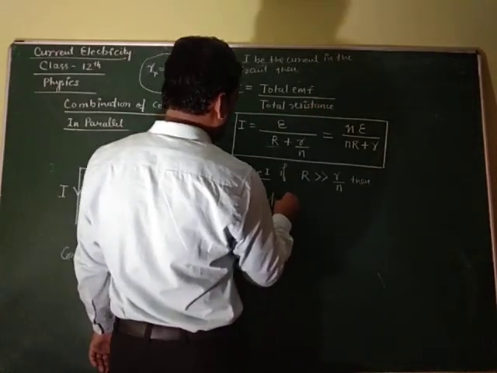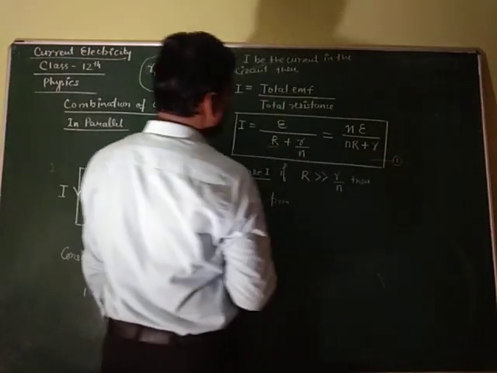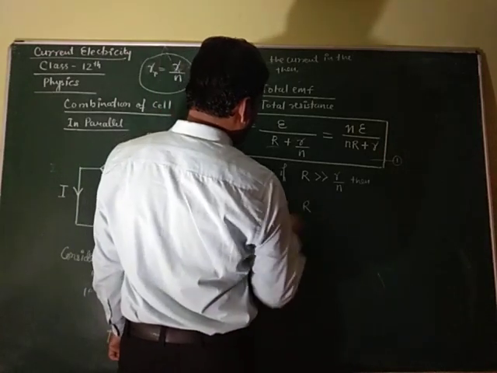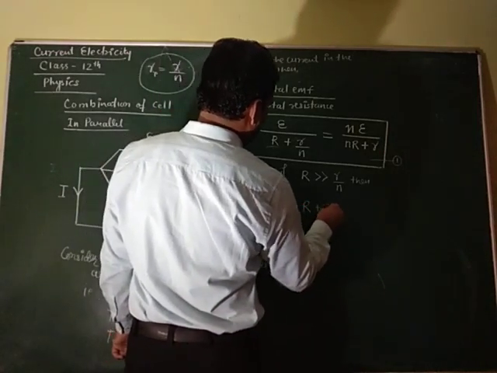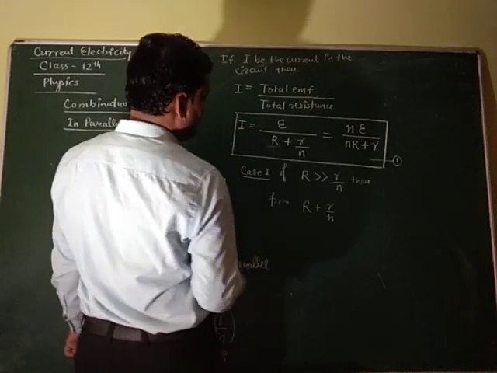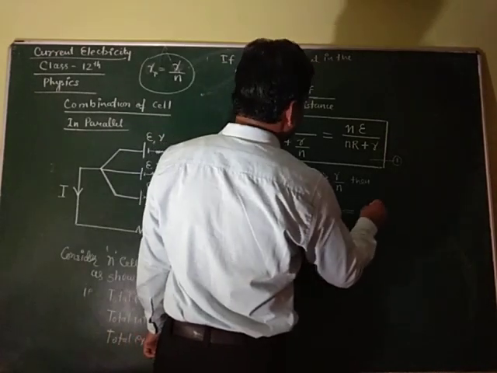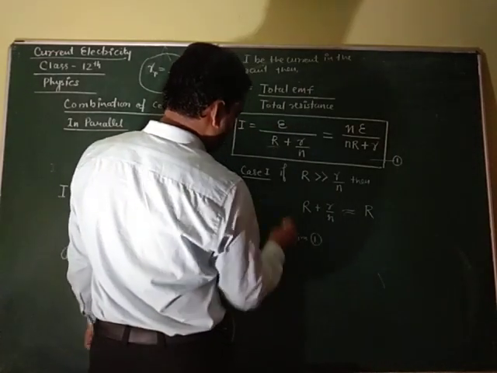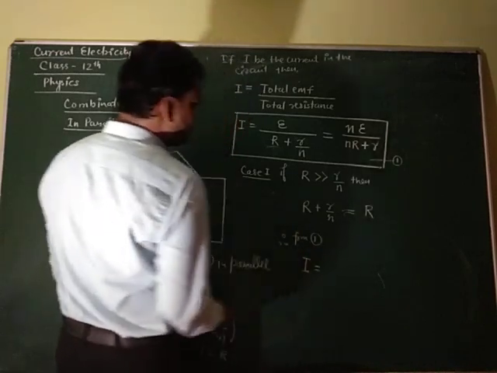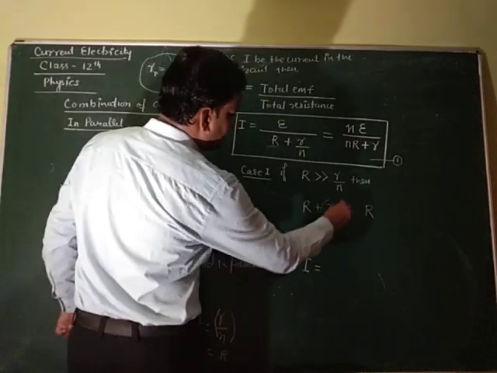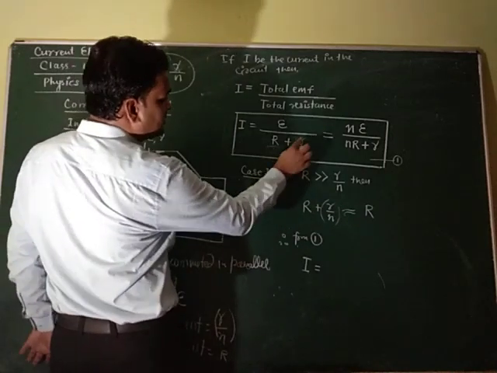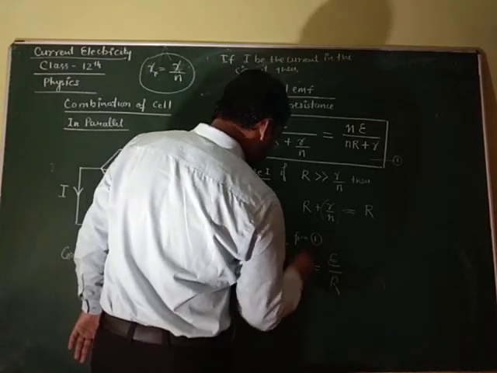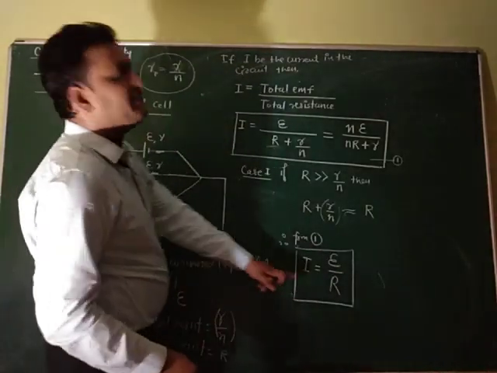From equation 1, R plus r by N is nearly equal to R. Therefore from 1 we can write I is equal to, अब ये r by N यहाँ से हट गया तो इस इक्वेशन में क्या हो जाएगा? r by N cancel, so E by R only. Current due to single cell.